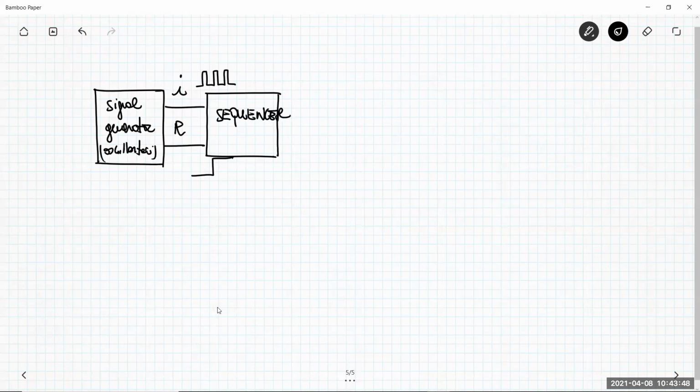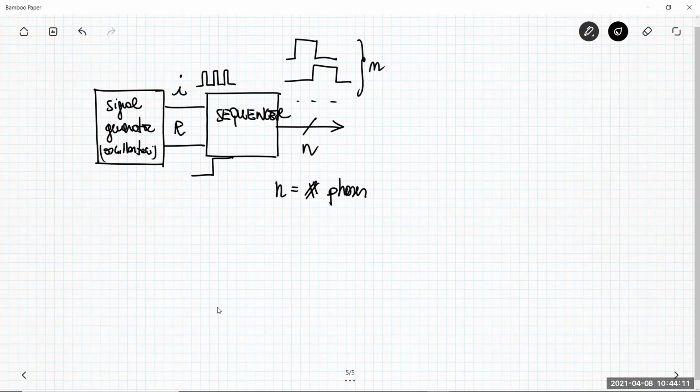Okay, you have here a number of phases. N is the number of phases. In our previous example, N is 2, because we have A and B. And for each of these, you have a signal, so N command signals, like this one.